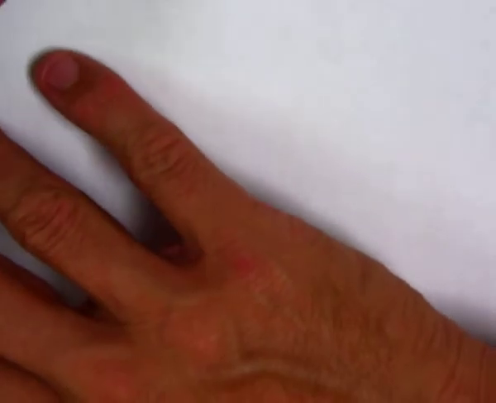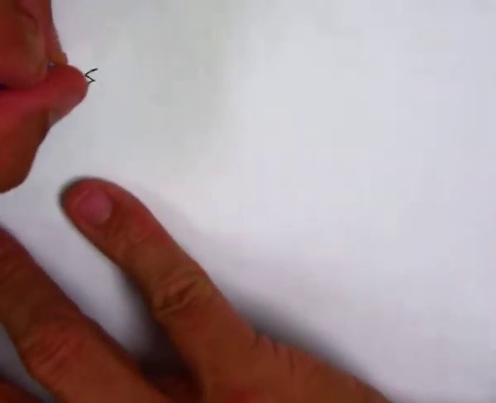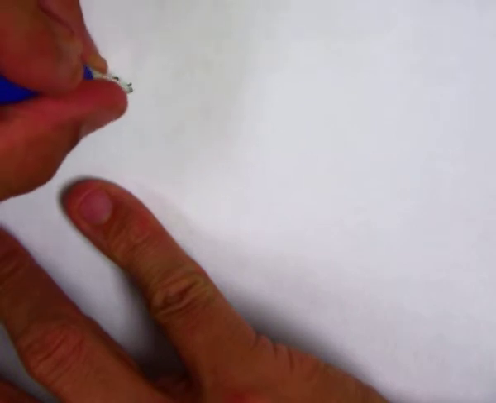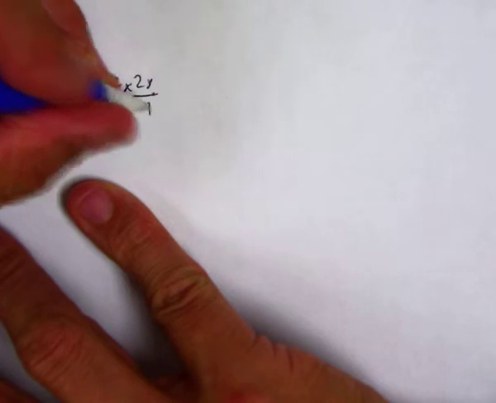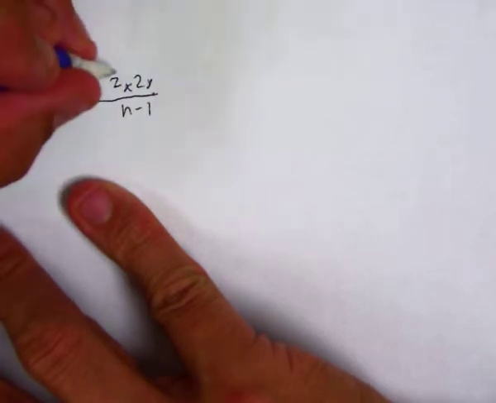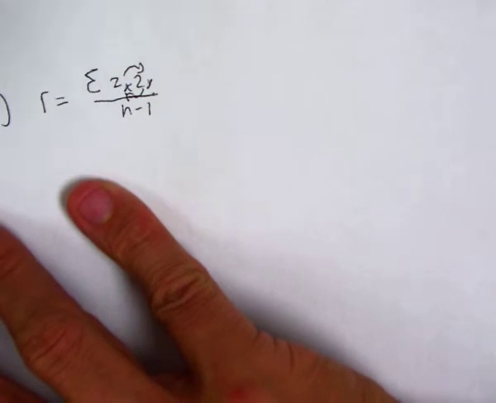Well, remember this. Correlation is the sum of z of x times z of y all over n minus 1. So what are we doing really? All we did is switch x and y. But the z-scores are all the same. So all we did is switch the order of multiplication.